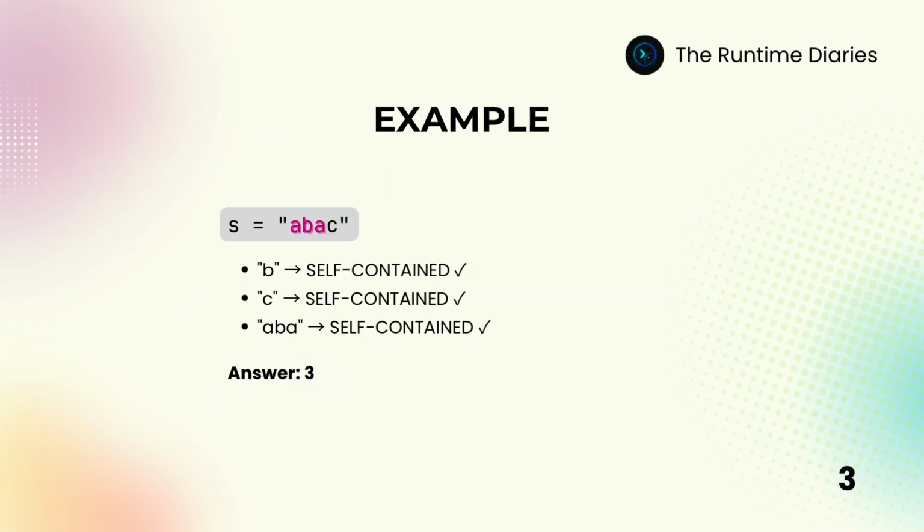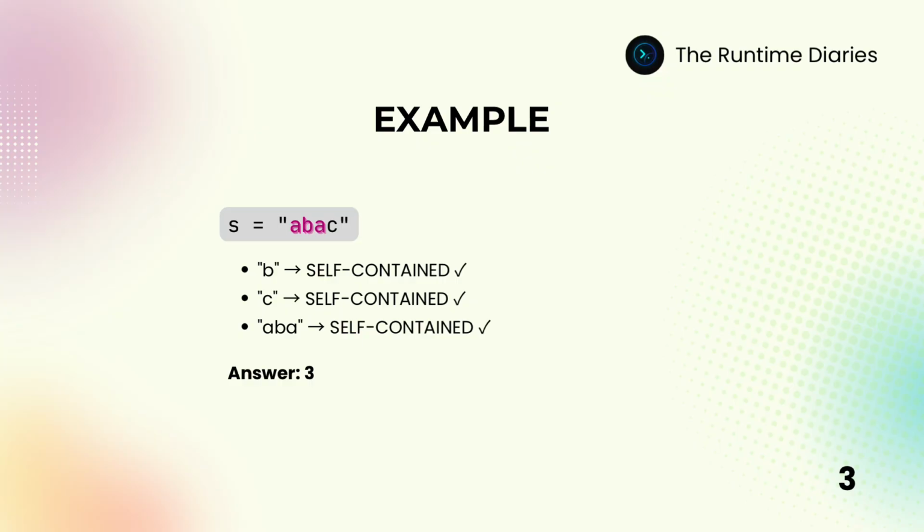Let's warm up with a concrete example so you can see this in action. Take the string ABAC. Let's check some substrings. First, try ABA. That covers indices 0, 1, and 2. The characters inside are A, B, and A. Now, does every character in ABA appear only within that window?